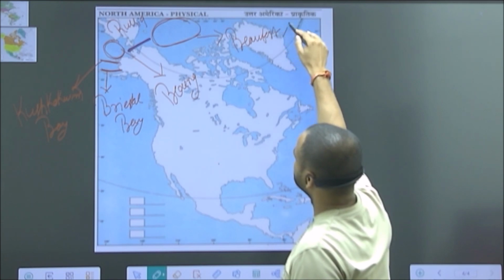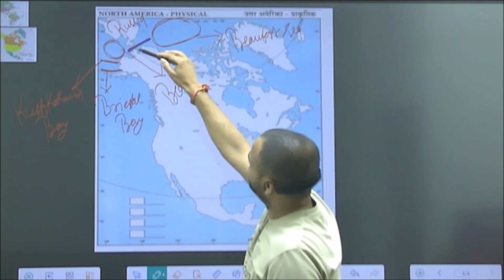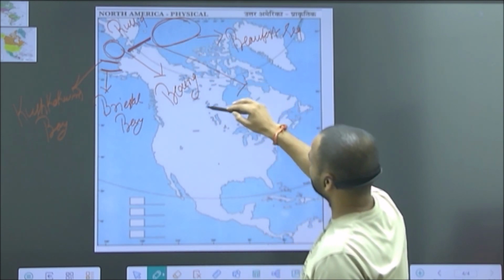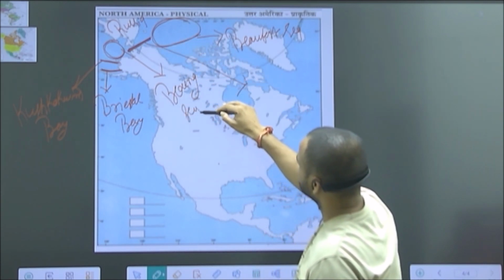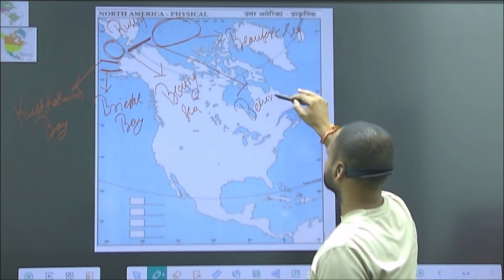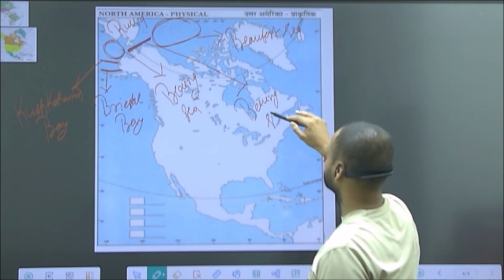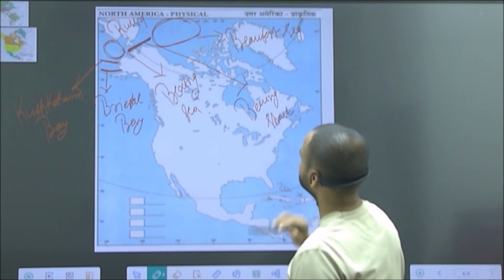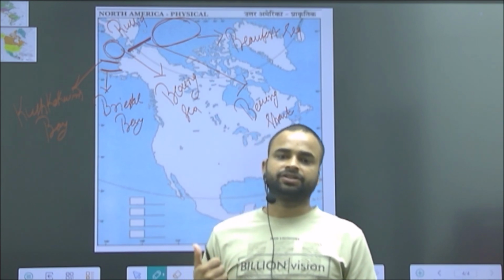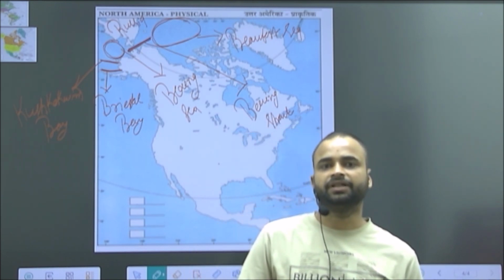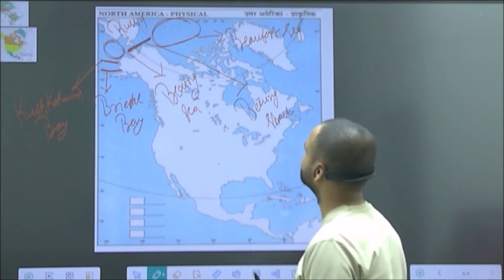This strait is known as Bering Strait. Bering Strait is most important, you should know, because it divides Russia from USA and it joins Beaufort Sea to Bering Sea. That's why it is very important.